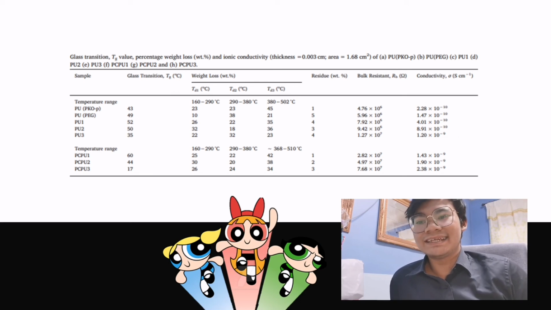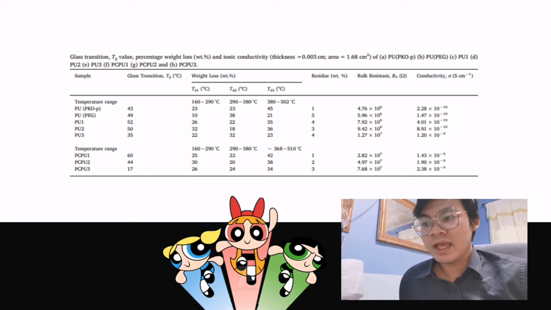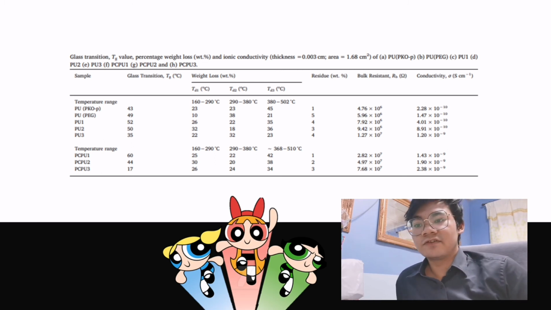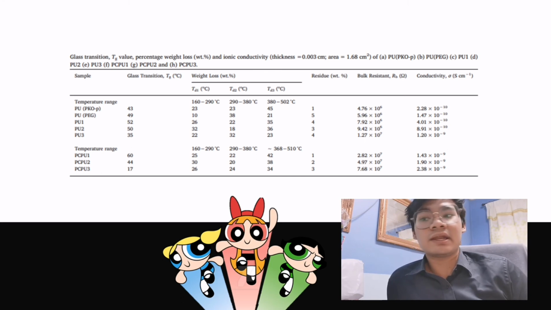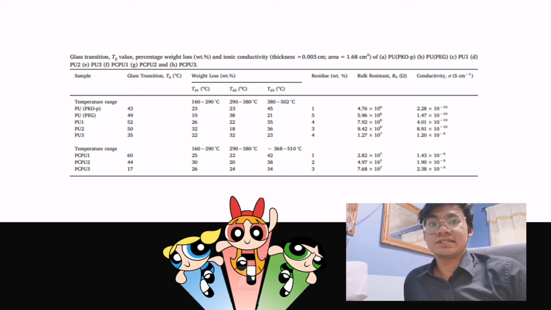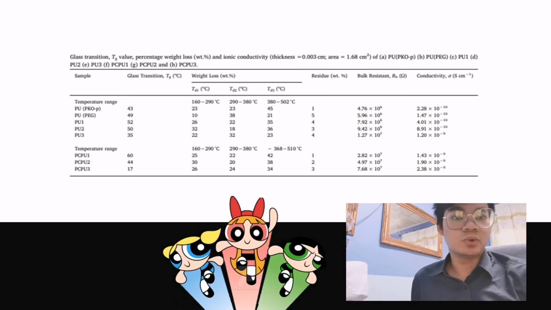t is the thickness of the membrane film, Rb is the bulk resistance, and A is the surface area of the blocking electrode attached. Ionic conductivity can be calculated using the ionic conductivity equation, and all the parameters are summarized in the table below.